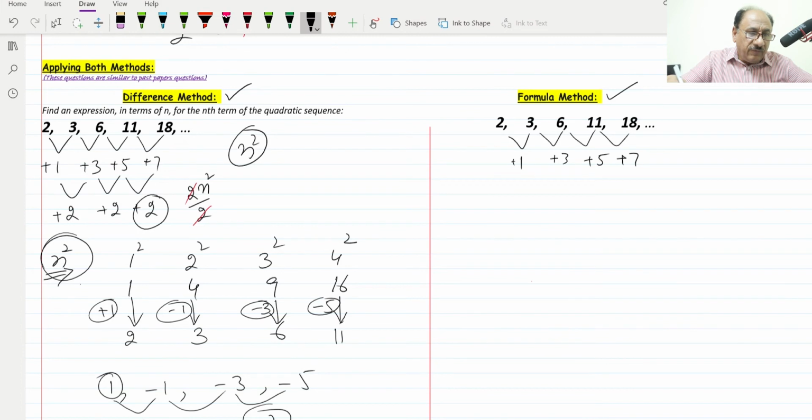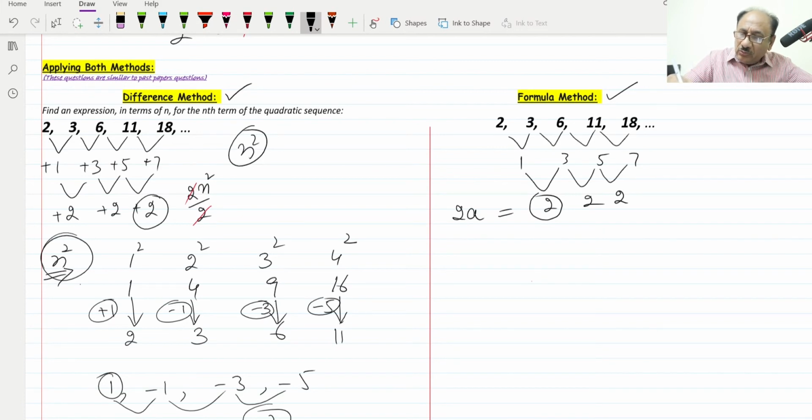Now after this one we will write the second order difference, and this will be 2, 2 and 2. To simplify, I'm just removing this plus, no need to write. Now we know this second order difference is our 2a.